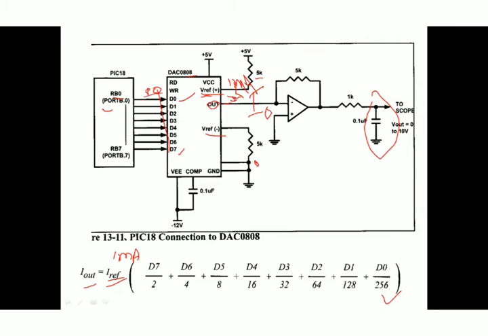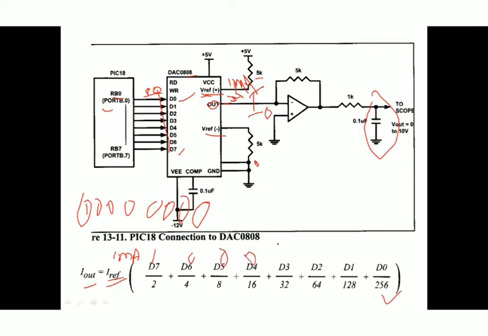If you convert 80 into binary, the MSB bit will be 1 and all other bits will be 0, so 1 0 0 0 0 0 0 0. This is the digital input you are applying. This one is D7, so only D7 is 1, and all other terms here will become 0.